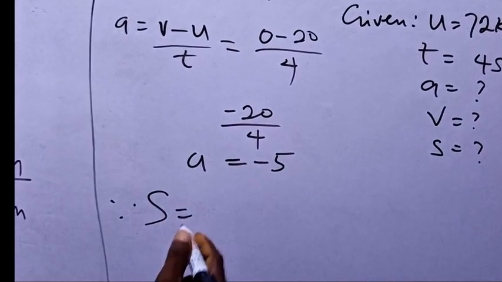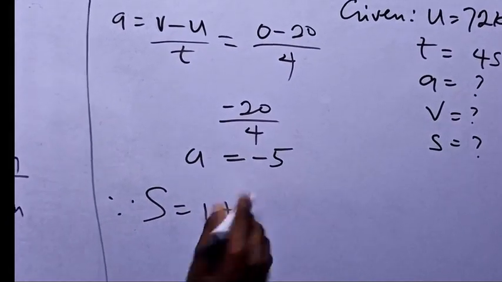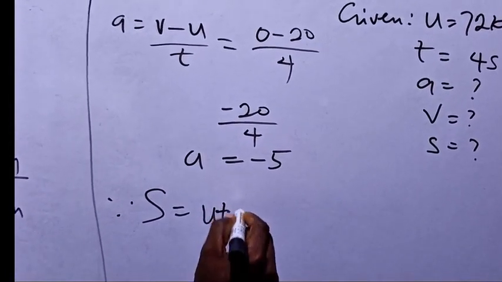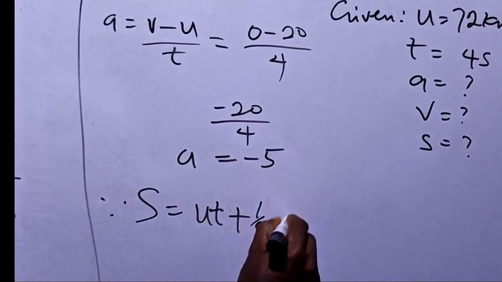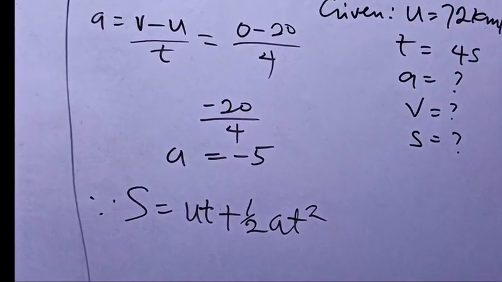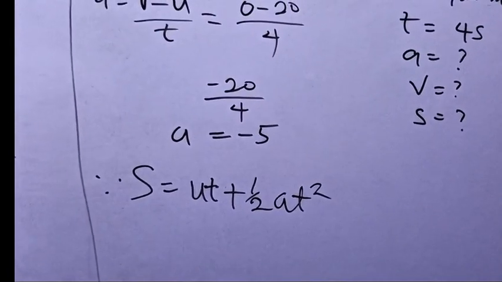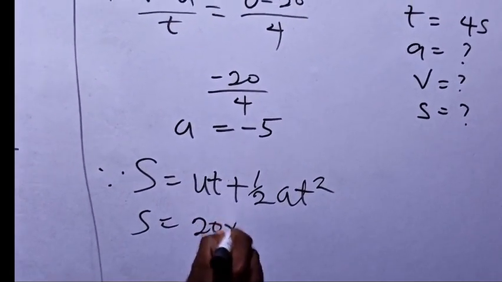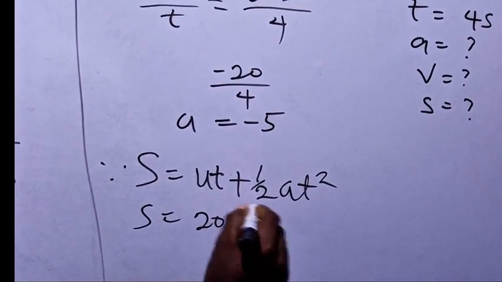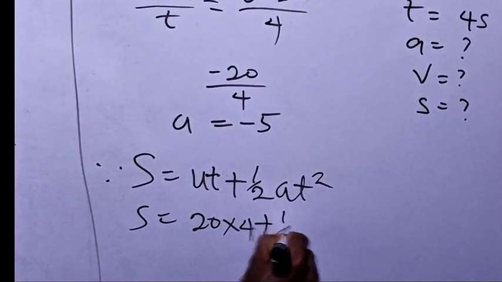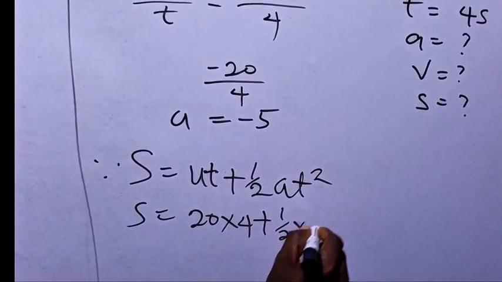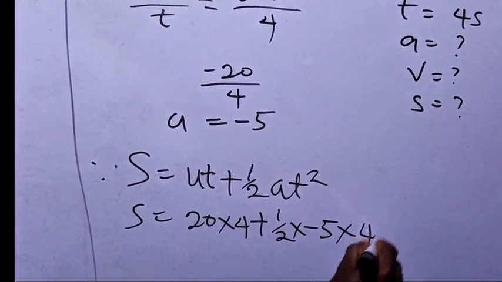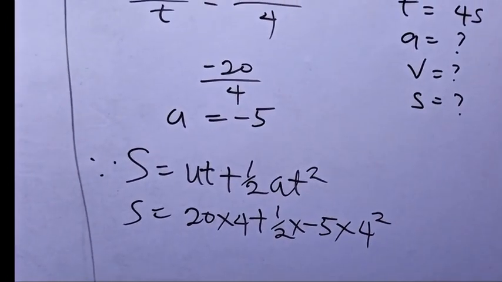Now the distance S equals, from the formula, ut plus half at squared. Substituting, u is 20 multiplied by the time, which is 4 seconds, plus half times the acceleration, which is now deceleration, minus 5, and the time taken, 4 seconds, squared.